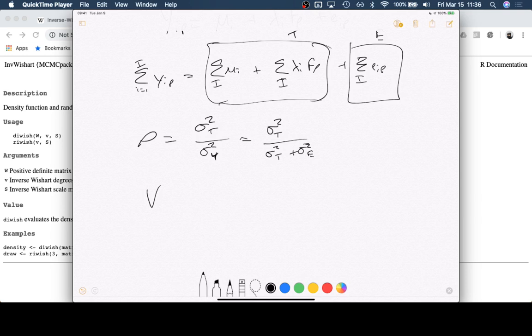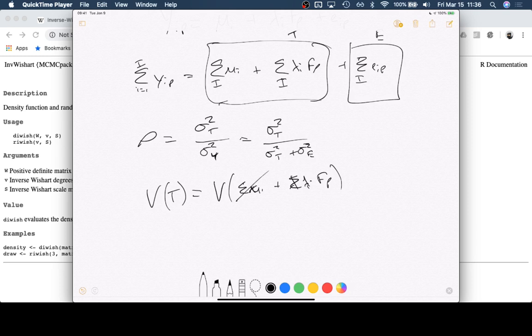The variance of true score is the variance of the sum of mu i plus the sum of lambda i f for the person. Here you can see that mu i is a constant, so that goes away.